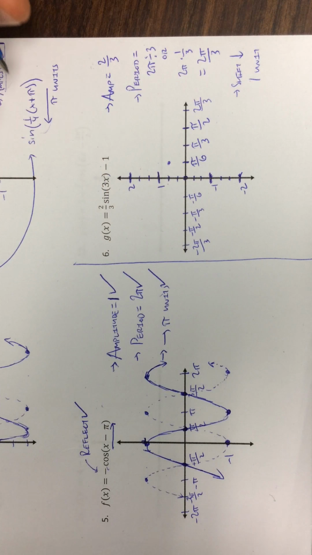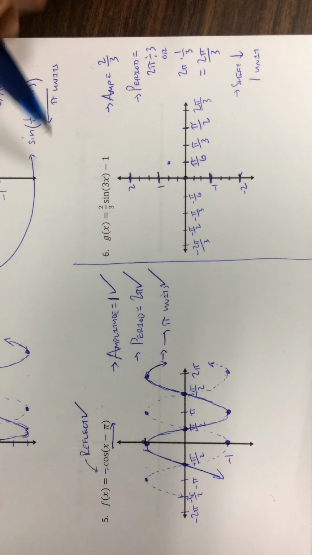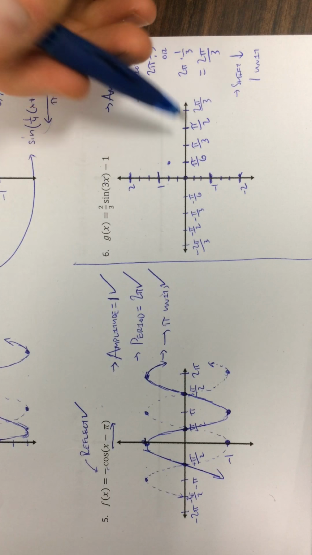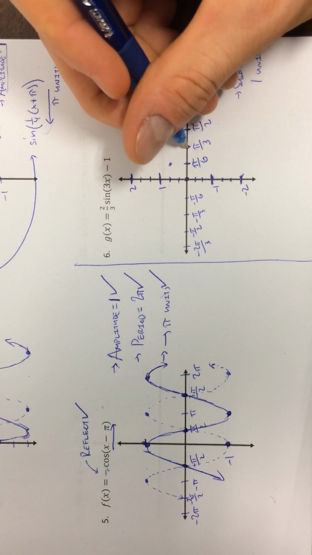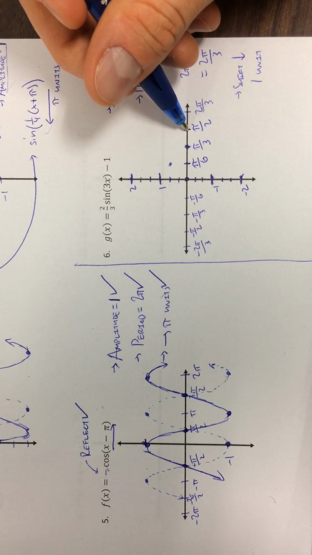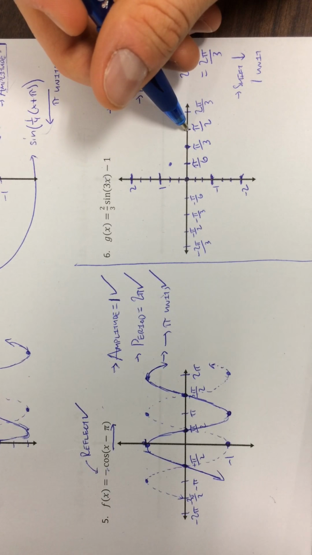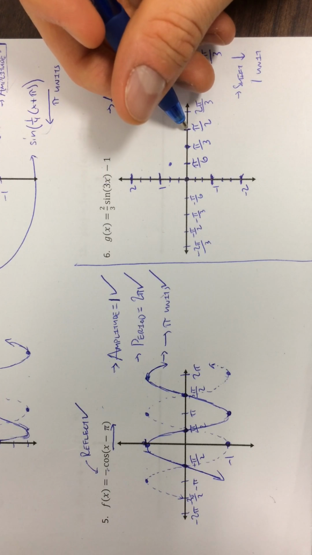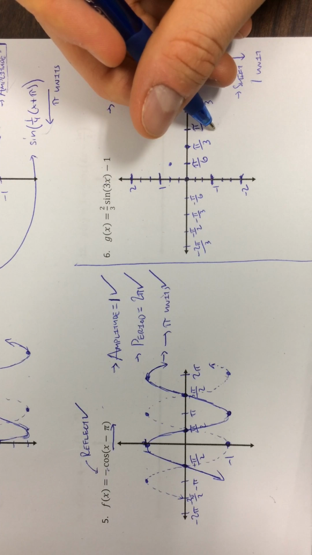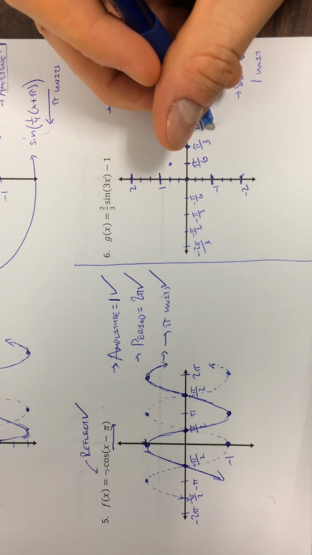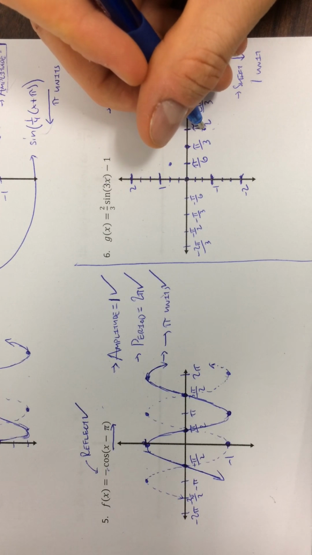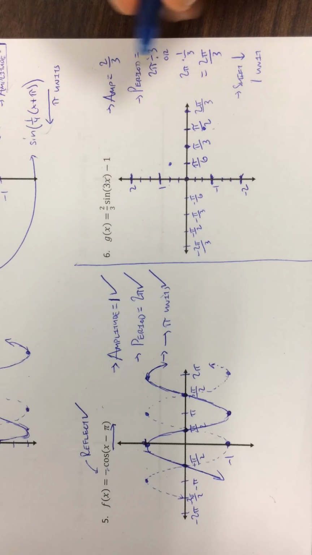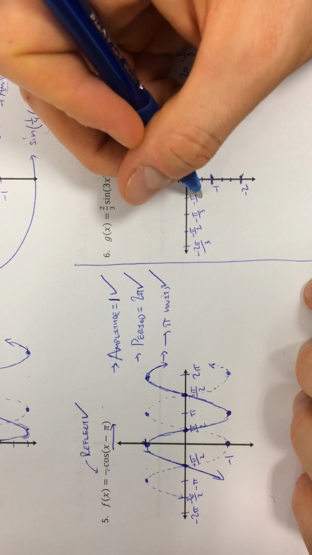So I would end up there. Pi over 3 would be back at 0. Here the function's value, if the parent function is at 3 pi over 2, but we're multiplying it by 3, this would be -1. -1 times 2/3 would be -2/3, and then 0. So this is what our function looks like.